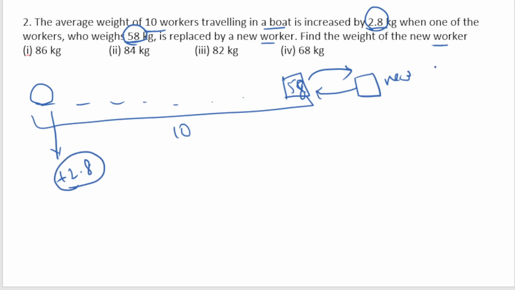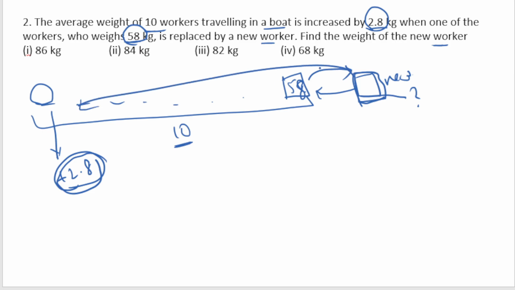We have to find the weight of the new worker. What is the weight of the new worker here? So when the new worker joined, the average weight increased by 2.8 kgs. Okay, and how many people were there? 10 people. Okay, so when this new person came, he gave 2.8 to each of these 10 people.